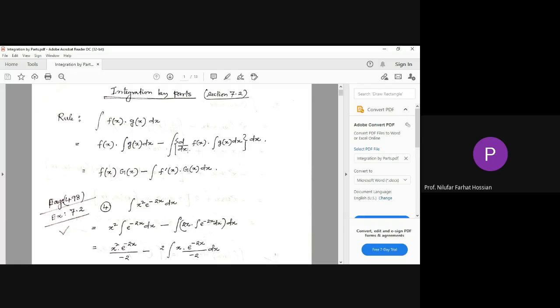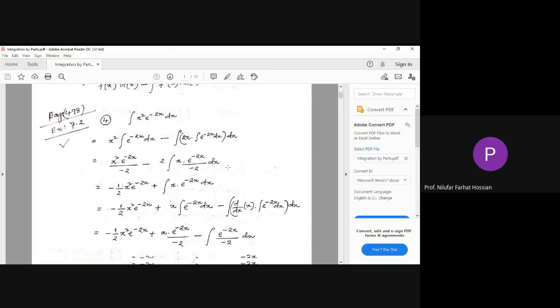If you differentiate it, the power of x will be 4, isn't it? So choose that function as the first function which becomes simpler after differentiation. Okay, so this is your formula. Try to memorize it.